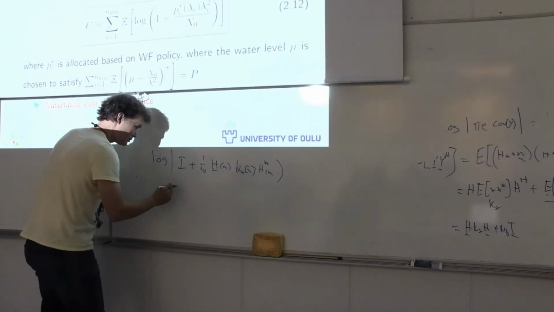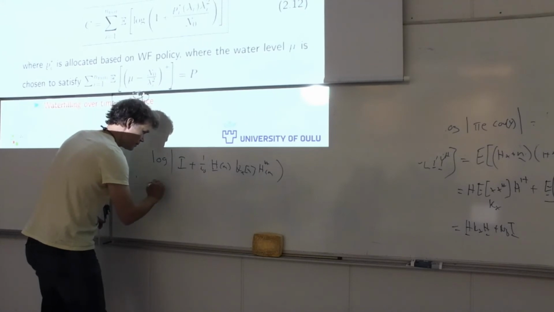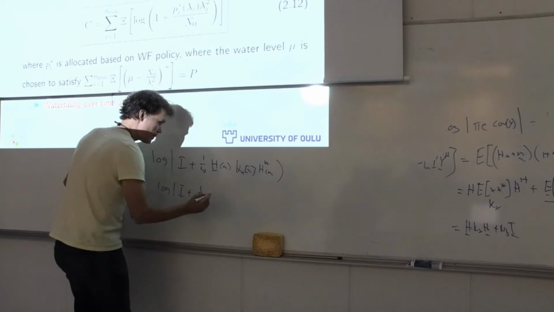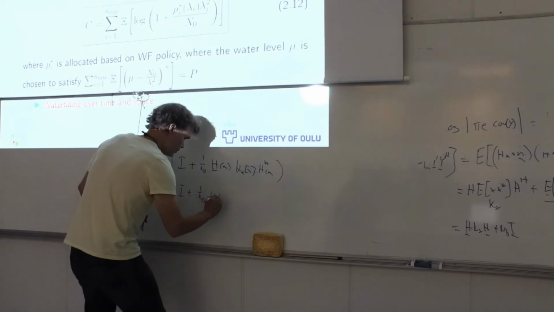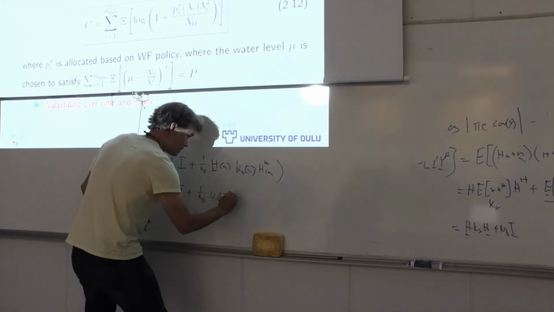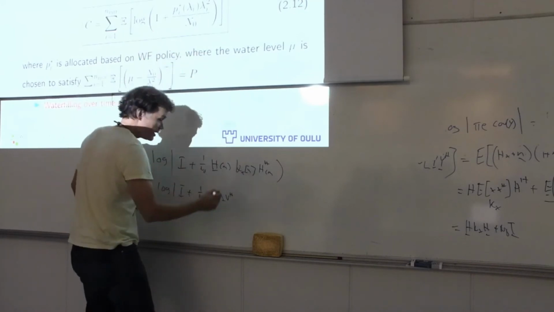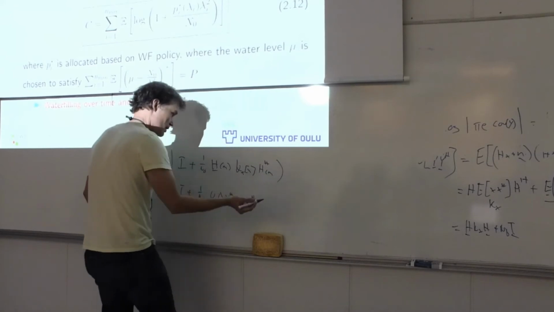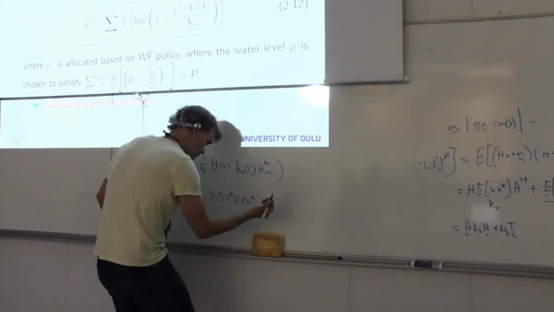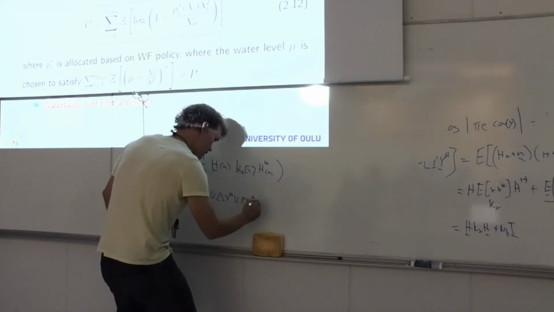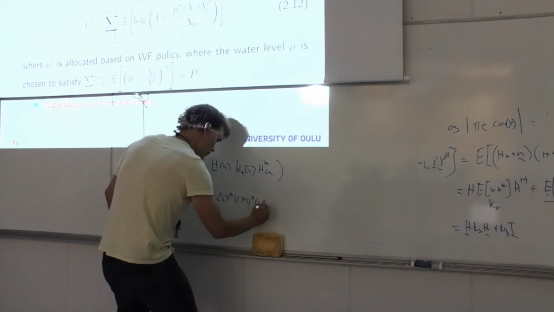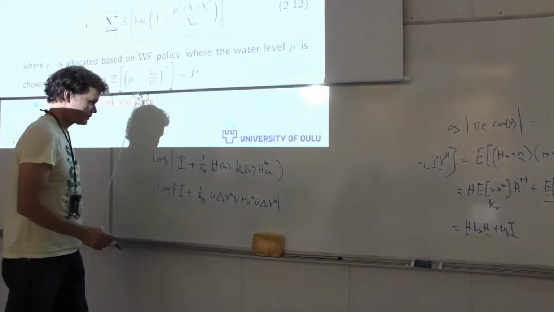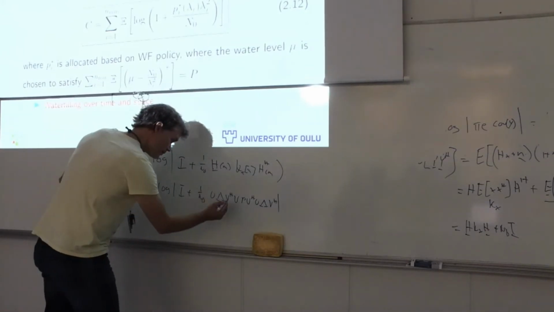Again, using the SVD, I plus 1 over N0 U lambda V Hermitian, and we plug in Kx, which is V P V Hermitian, and then the Hermitian of H, which is V lambda U Hermitian.